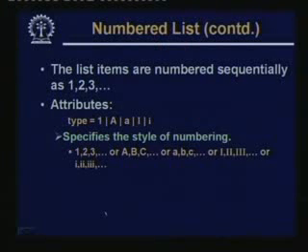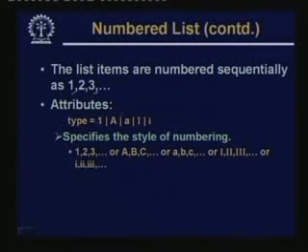And as I had mentioned, the list items will be numbered sequentially as 1, 2, 3. But in an unnumbered list, we are able to specify the style of the bullet using the type attribute. Here also we can specify the style of the numbering by a similar attribute, type.